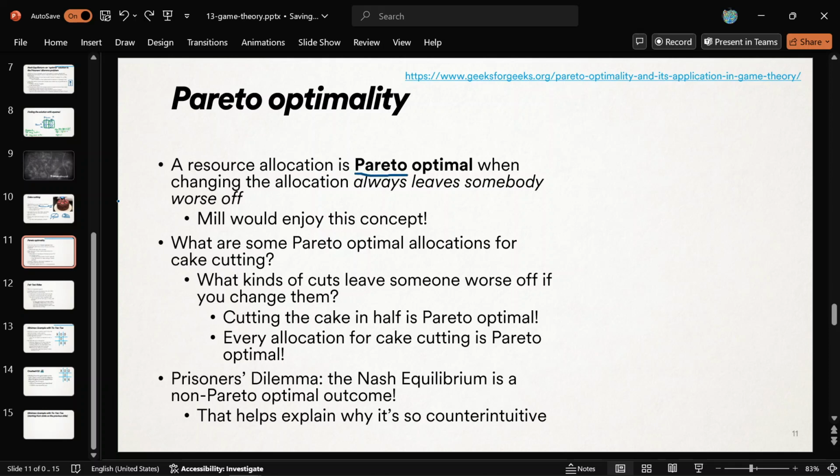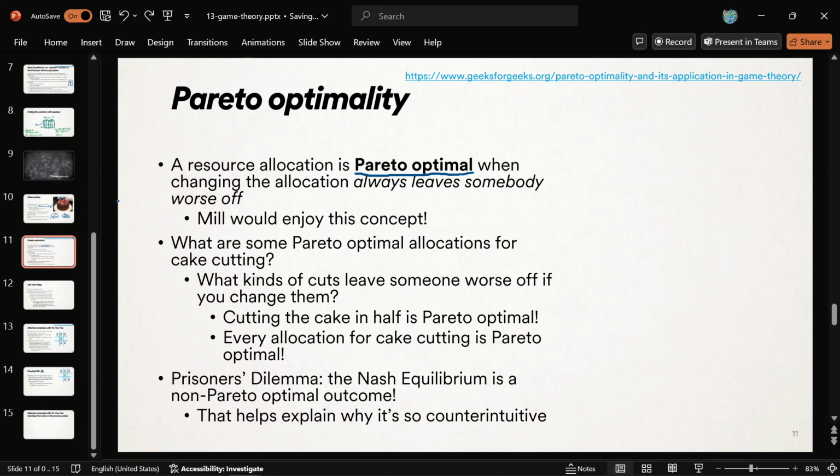This is again named after somebody. This is another term in game theory. A resource allocation, we say, is Pareto optimal if, were you to change that allocation, somebody is worse off. So if you were to change the allocation in some way, like somebody gets a little bit more cake, then that always leaves somebody worse off. So it's a very utilitarian concept.